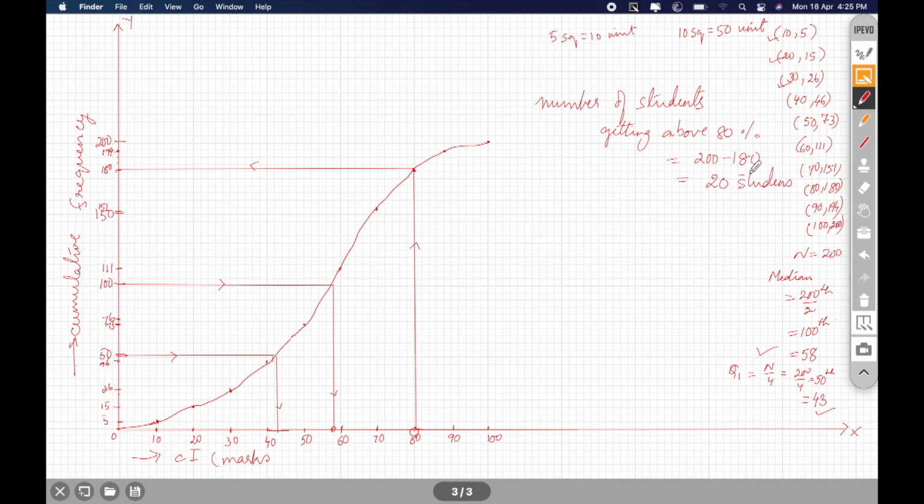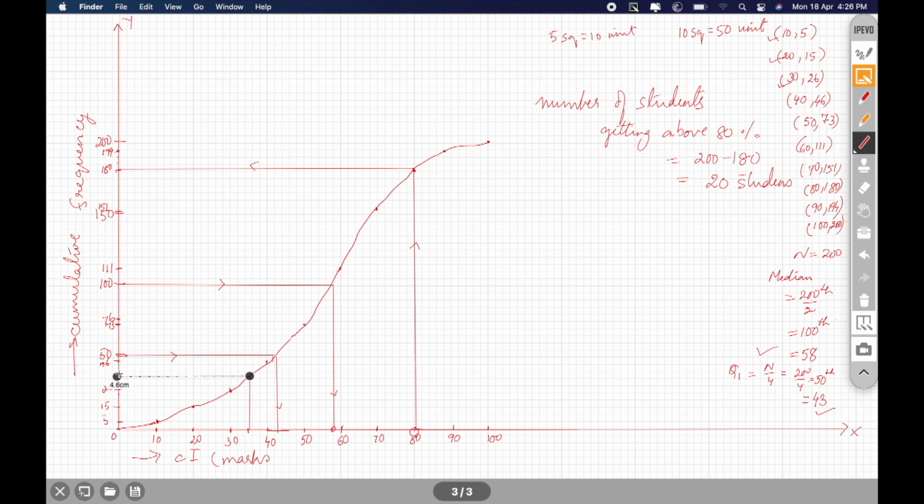Next, how many students get below 35 marks? So 35 is here. Now this point is to be taken and we have to draw a line parallel to the y-axis touching the ogive at a point, and from this point on the ogive we have to draw a line perpendicular to the y-axis.